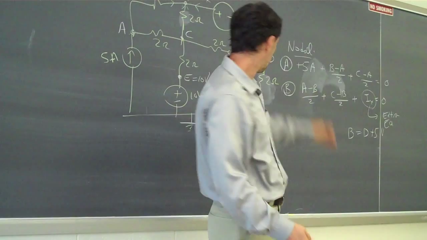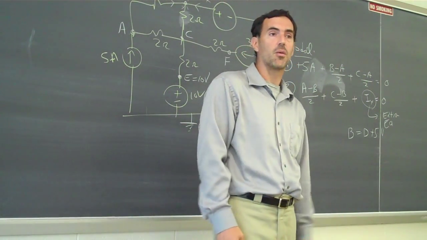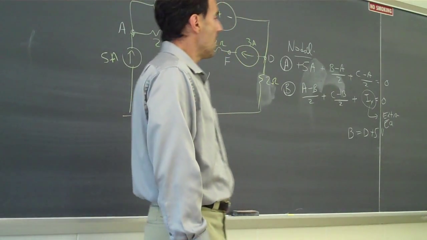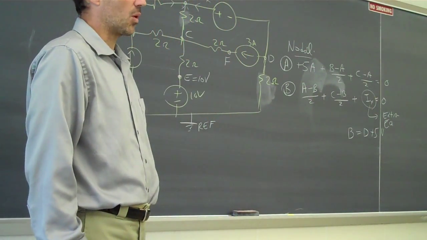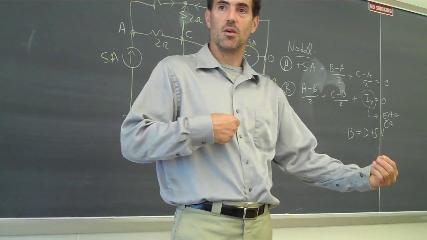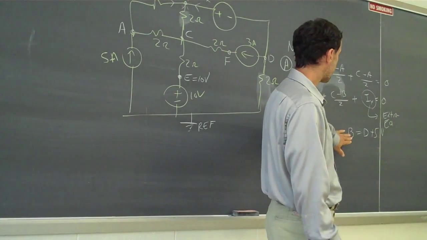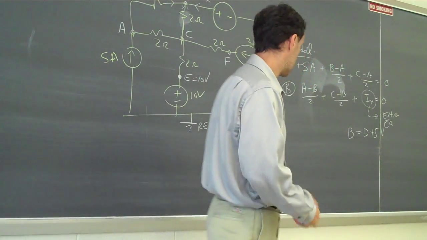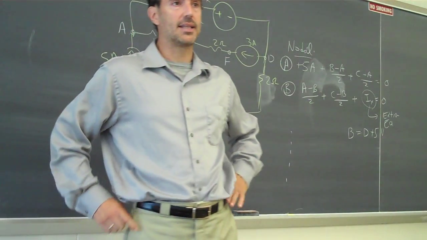The second style is to just go systematically through all the nodes, and then try to pull in those extra equations at the end. You should be able to catch your mistake if you forget to write that extra equation, because you'll count your equations and unknowns and they won't match. But either way, at some point you have to write that extra equation. Here I'd like to put a dot, dot, dot.